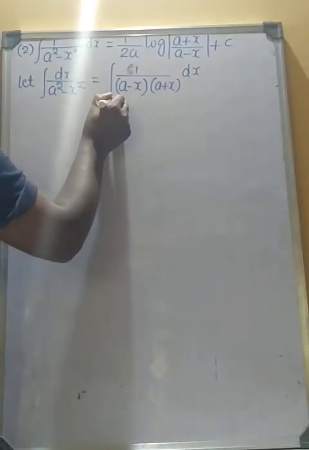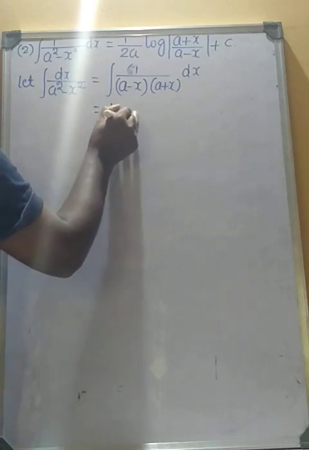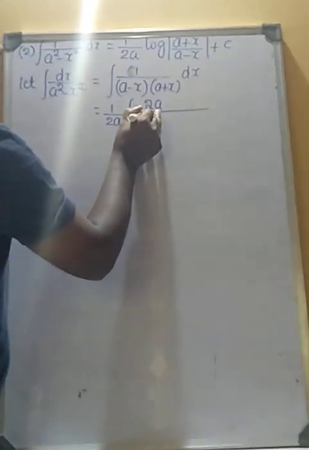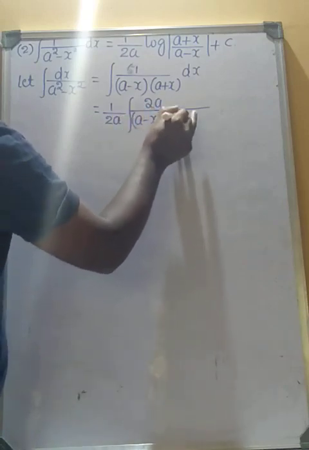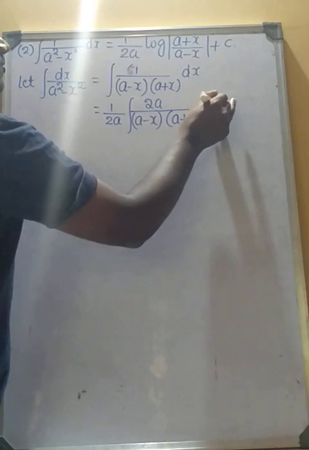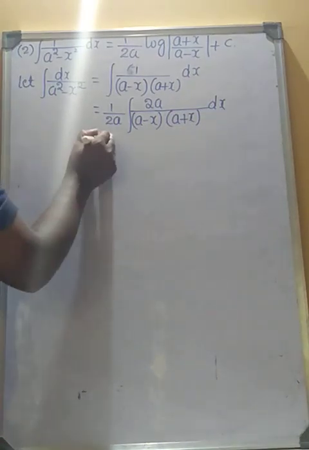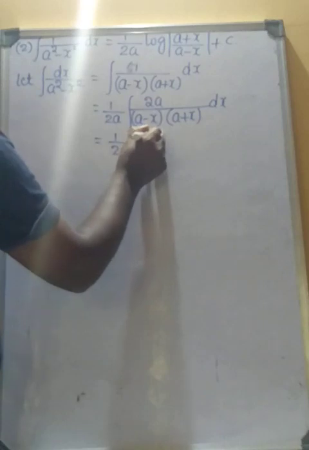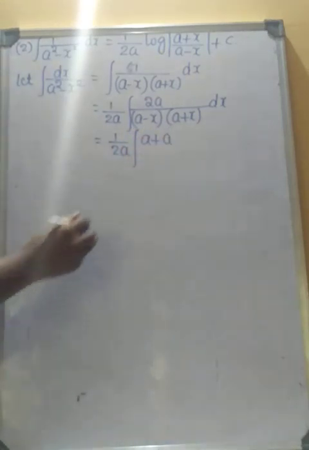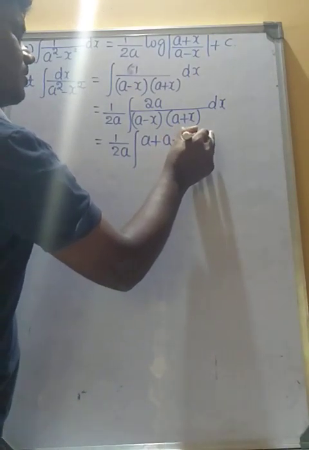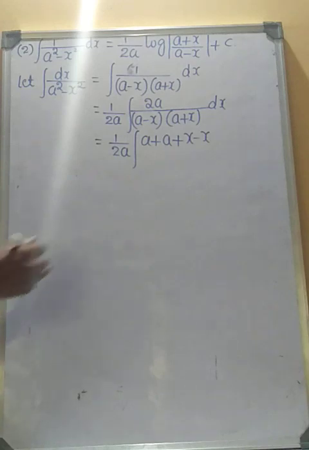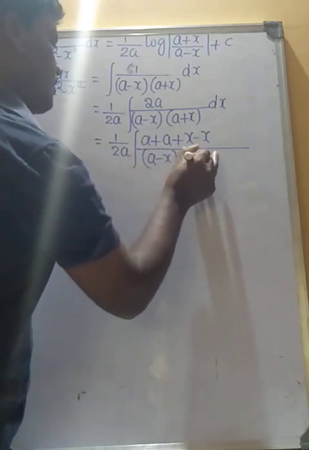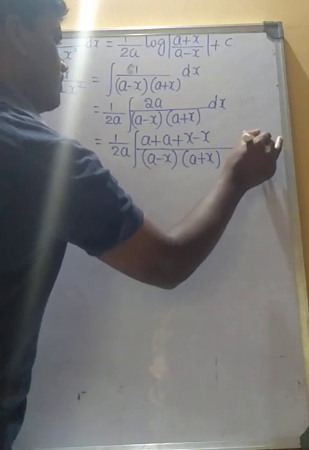equals, here also multiplying and dividing by 2a, 1 by 2a integral of 2a divided by a minus x into a plus x into dx, equals 1 divided by 2a integral of 2a can be written as a plus a, and also adding and subtracting x in the numerator, divided by a minus x into a plus x into dx.